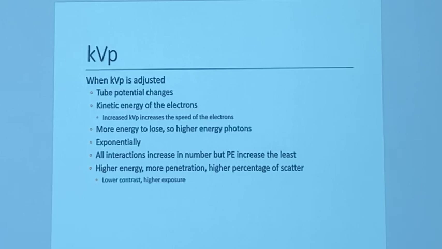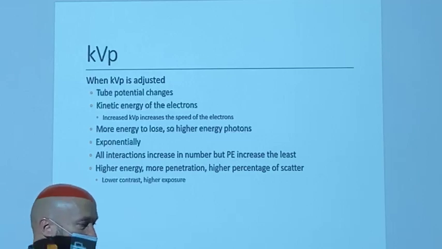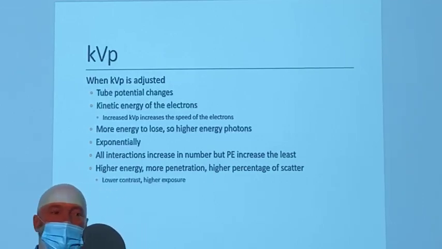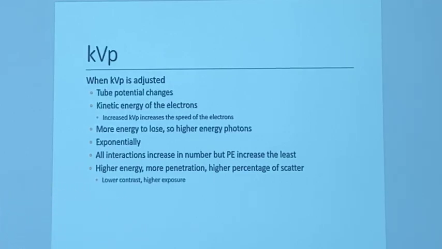But what determines the energy level of the brems photons? Basically, how the nucleus of the atom is going to influence the electron as it comes through that. So the more energy it loses, the higher the energy of the X-ray photon. So the electron comes through and loses all of its energy.